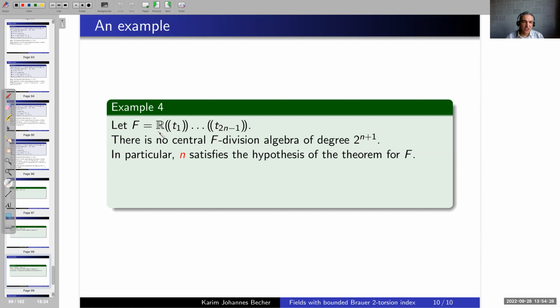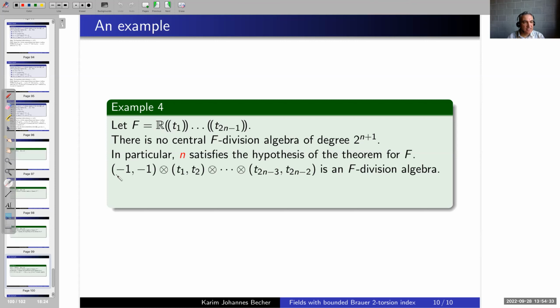On the other hand, one can show, well, maybe I show you the full ingredients here. This gives an F division algebra, this tensor product of exactly n quaternion algebras is a division algebra, but you will not find over this field any tensor product of n+1 quaternion algebras that is still a division algebra over this field. This is just not possible. And therefore, the hypothesis of the theorem is in fact satisfied for this field.